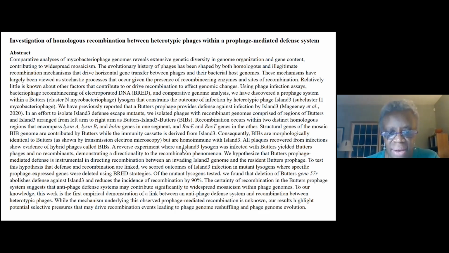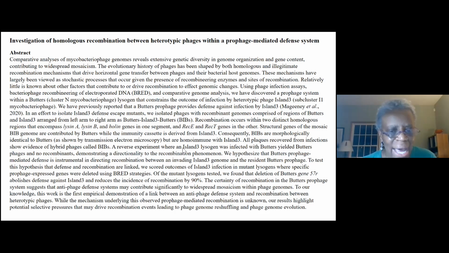And what we found out is that instead of getting defense escape mutants of Island 3, ones that had broken down the barriers to defense, we got instead hybrid phages. So those Island 3 phages were now recombining their genomes with the Butters genome.